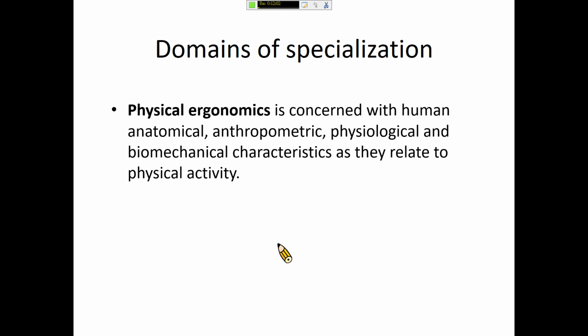Basically, there is something we call physical ergonomics, and that's what we are going to do this semester. Trying to understand human anatomy, human size and dimensions, that's anthropometric, and physiological and biomechanical characteristics.